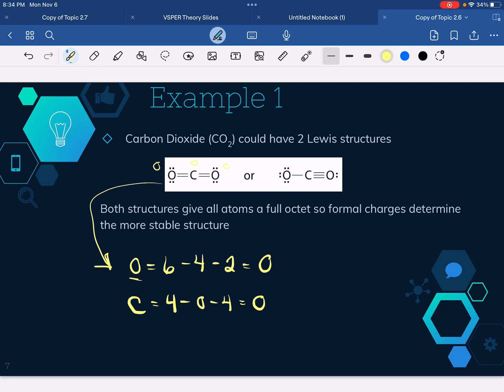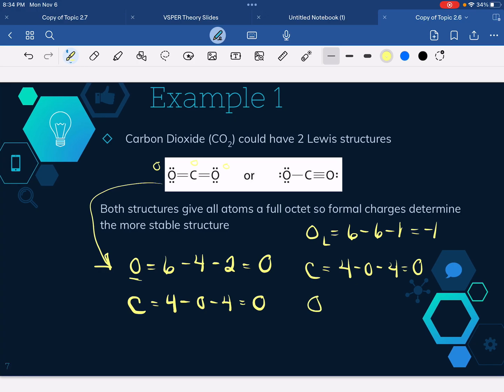If we go over to the one on the left, our oxygen, and I'm going to say oxygen on the left, has 6 minus 6 minus half of the bonding, which is a -1. Now this isn't a terrible formal charge for oxygen because it's electronegative. Let's look at our carbon. Carbon has 4. It currently has 0 lone pair, and 2, 4, 6, 8. Half of that is 4. And that is 0.